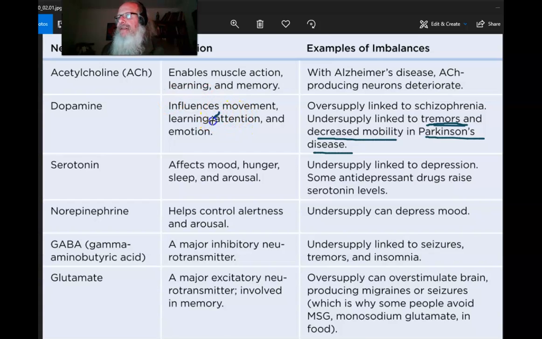So the schizophrenia part has to do with attention and emotion. Too much dopamine in schizophrenia, too much activity interferes with our ability to control and direct our attention and our emotional responses to the things that we're paying attention to, whereas too little activity, as is happening when we've got Parkinson's disease, is involved with dopamine being involved in movement.